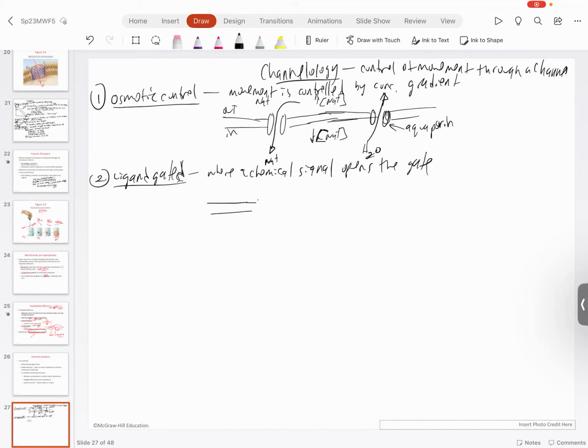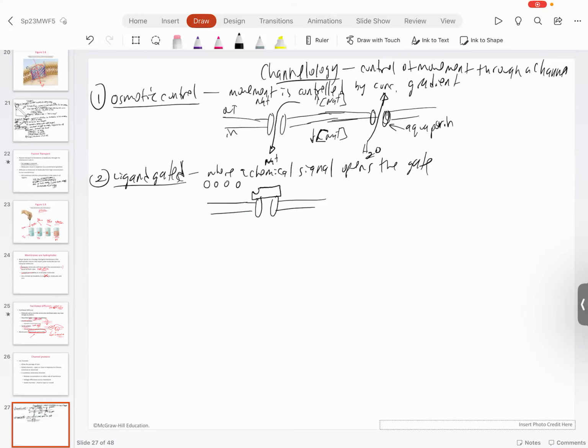Here's my membrane, there's my channel. Now this channel is going to be gated, so there's going to be a protein gate on top of it. In this gate is a little three-dimensional pocket specifically designed for your chemical signal to bind to. That chemical signal is what's referred to as a ligand.